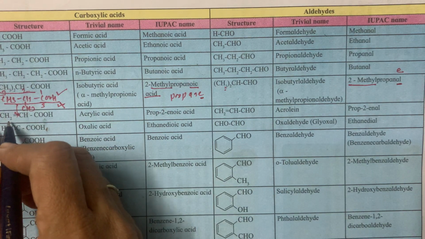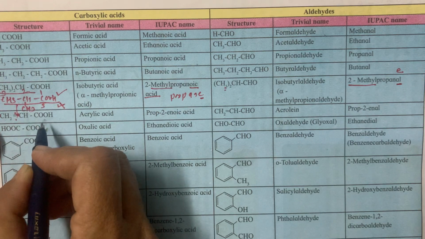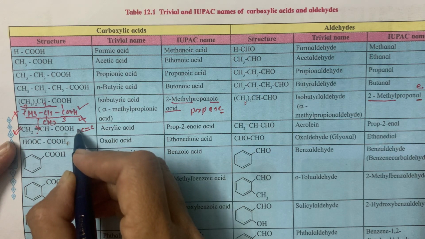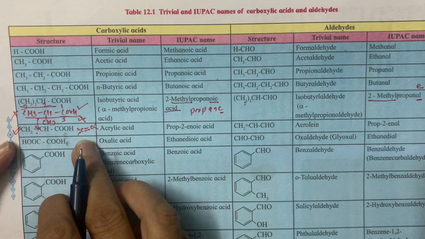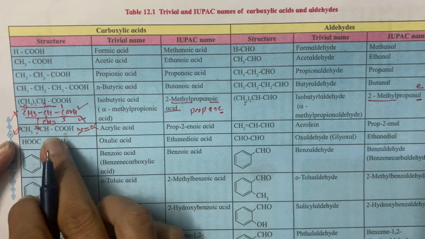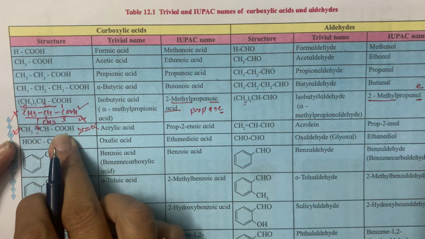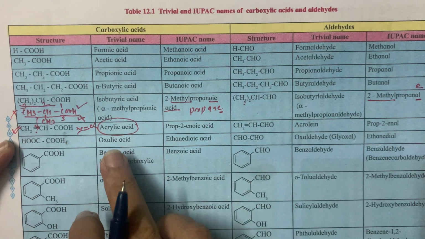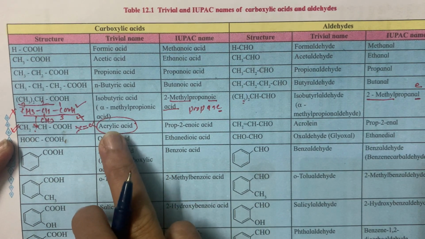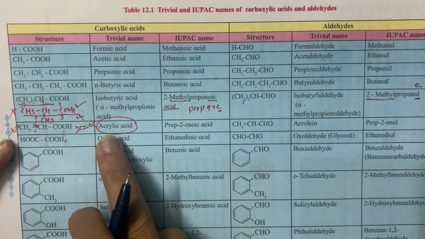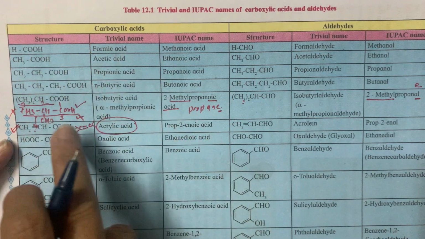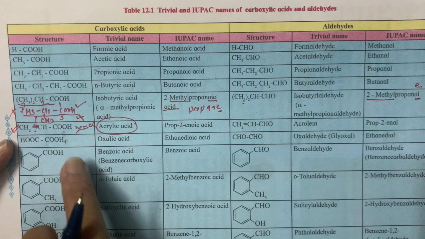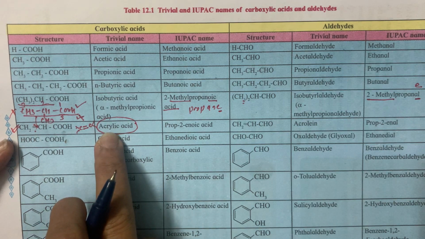Here it is given CH2 double bond CH-COOH, meaning there is a double bond between C and C, so an alkene is there, as well as the functional group COOH. And the very specific common name is acrylic acid. You have to remember this. We didn't derive this name from anything like 3 carbons, so this is propionic, 4 carbons, so this is butyric, not like that. This is a very specific name, that is acrylic acid.